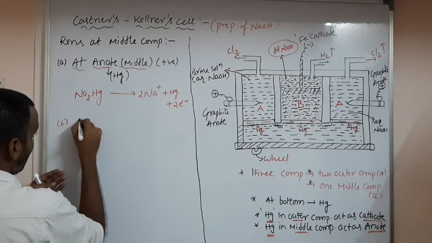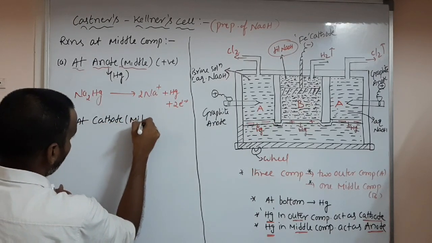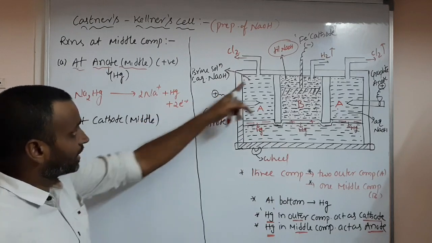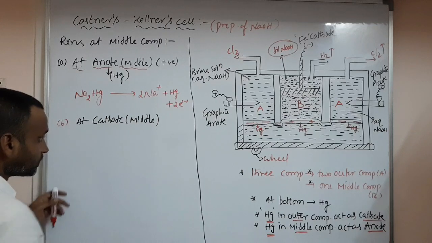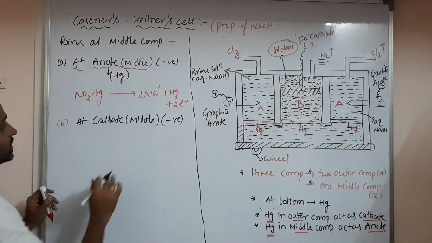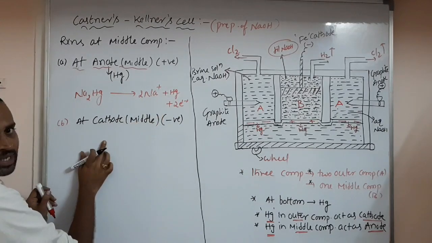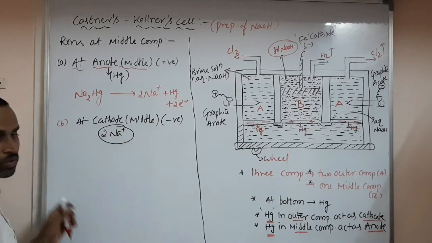Now, what is the reaction at cathode? This is middle cathode. In middle compartment, what is cathode? Iron cathode, iron plates. So cathode means negative or positive? Negative. So towards negative, now these Na plus ions will come. But remember, these Na plus won't undergo reduction.